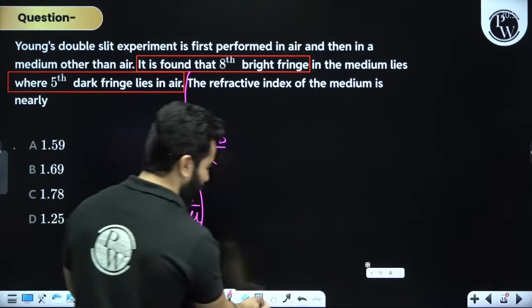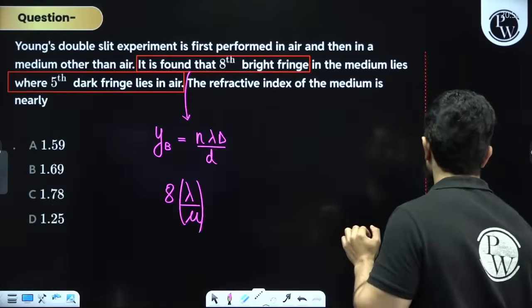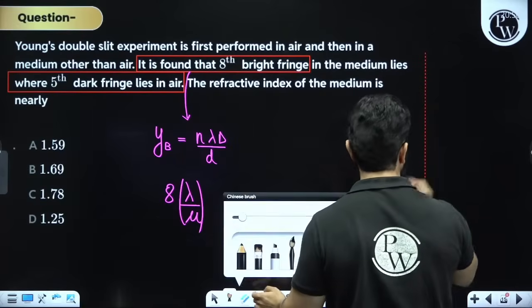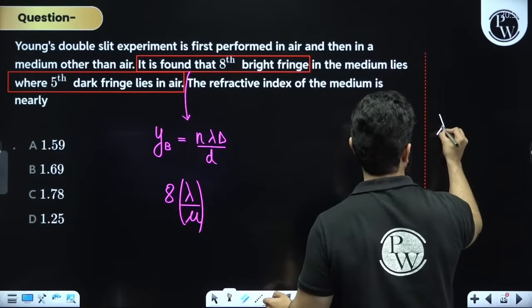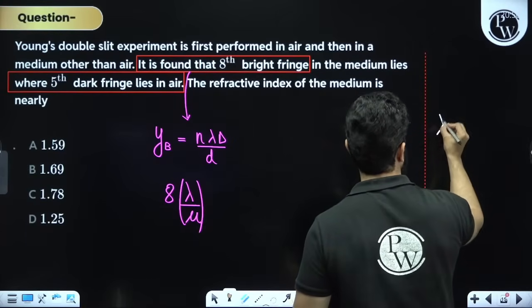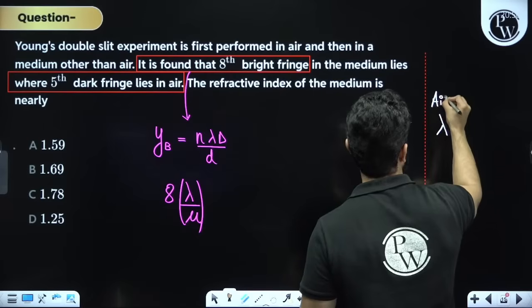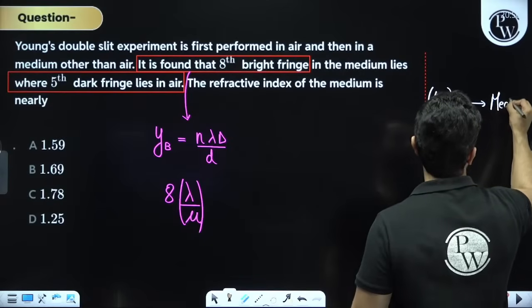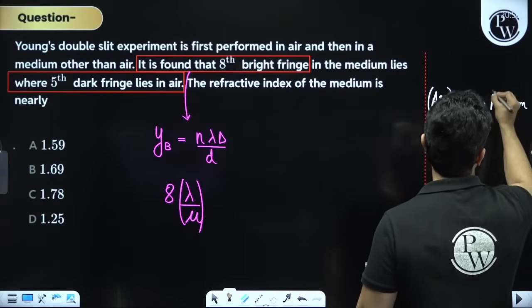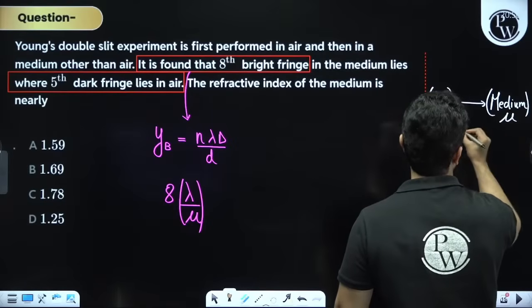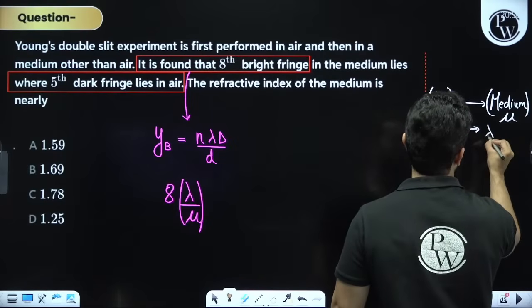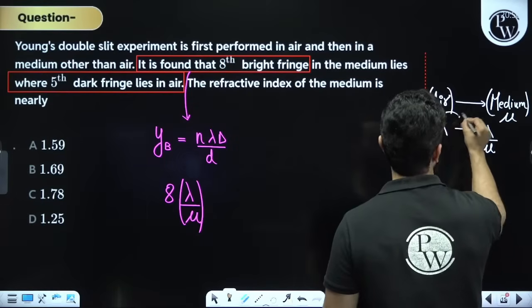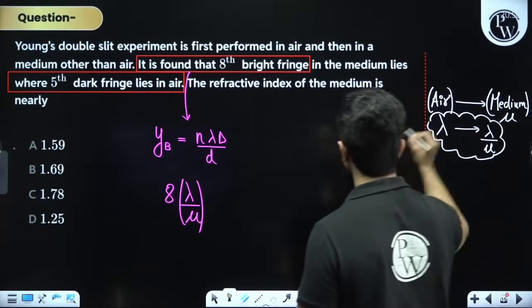Kindly see, if in air the wavelength is lambda and we have another medium whose refractive index is mu, then the wavelength will become lambda divided by mu. You must know this. Got it, dosto?